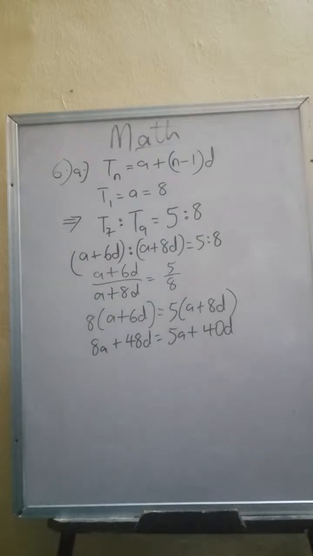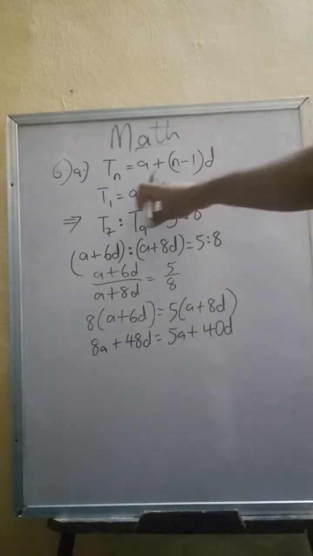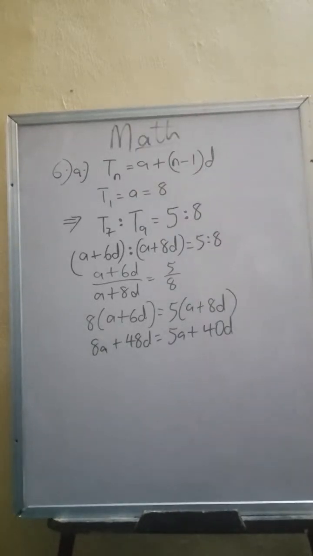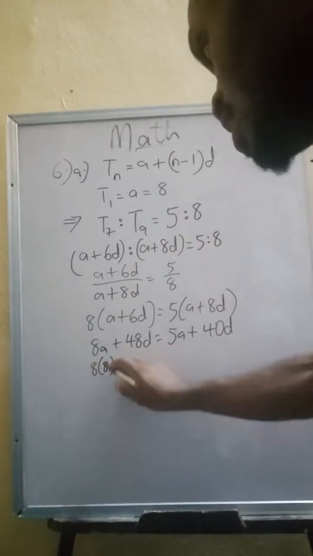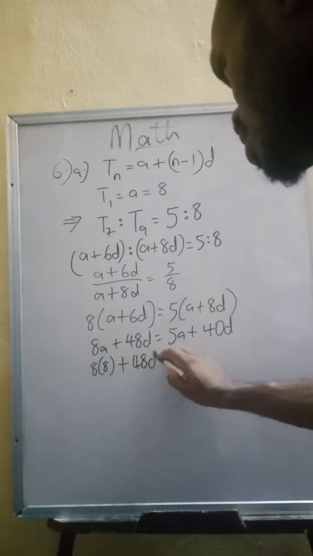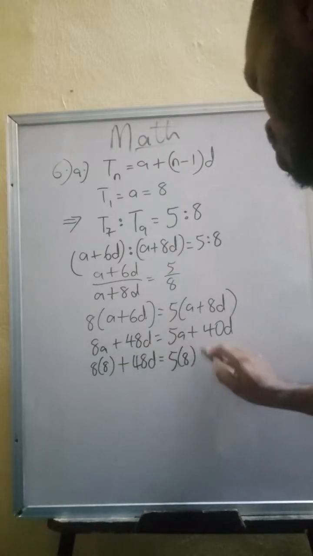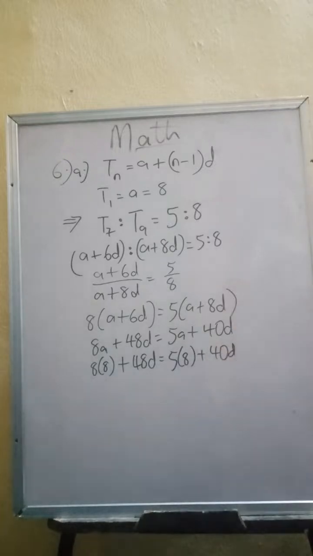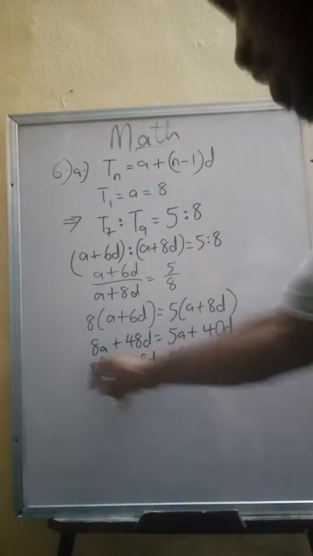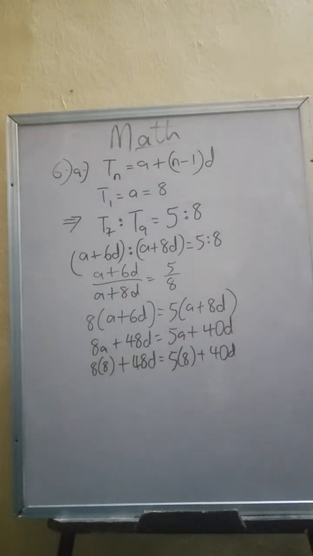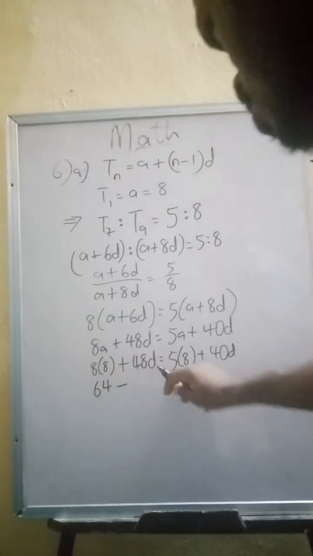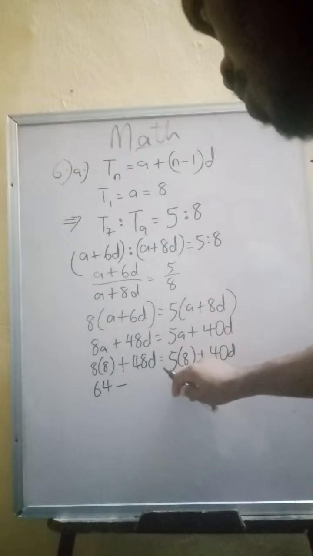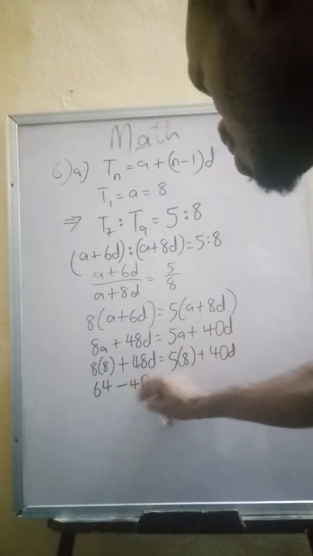Now, remember, we were told earlier that a is 8. So I could just do that here. Replace a with 8. 48d, 5 times 8. Now, 8 times 8 is obviously 64.